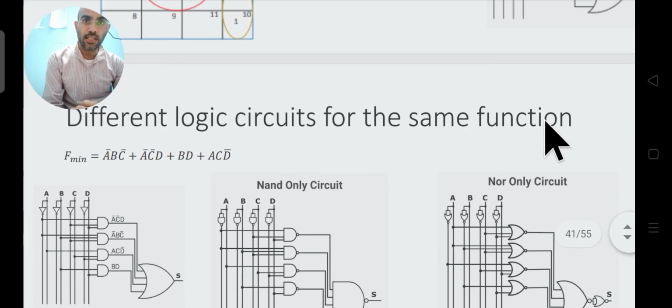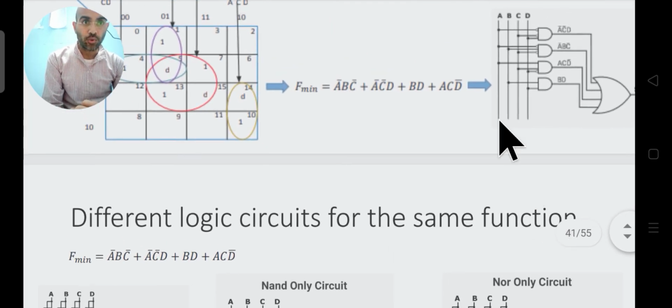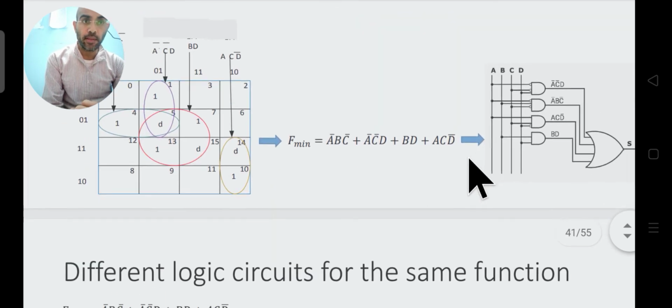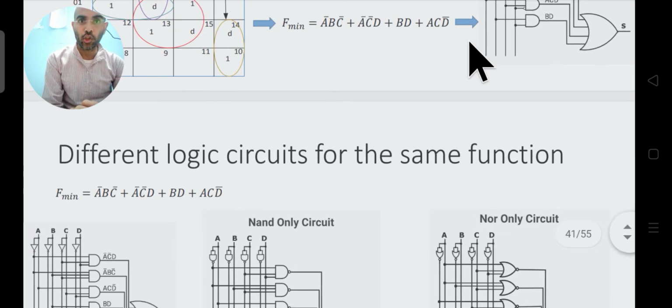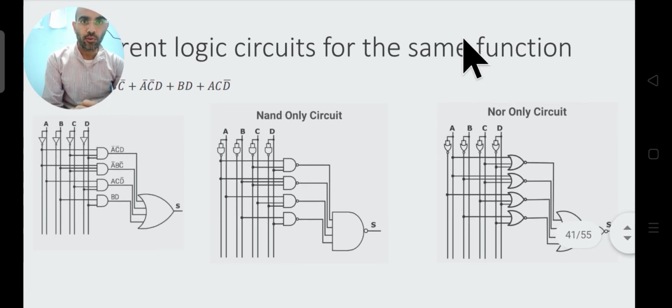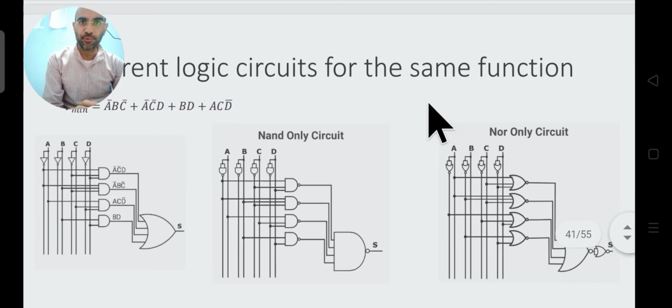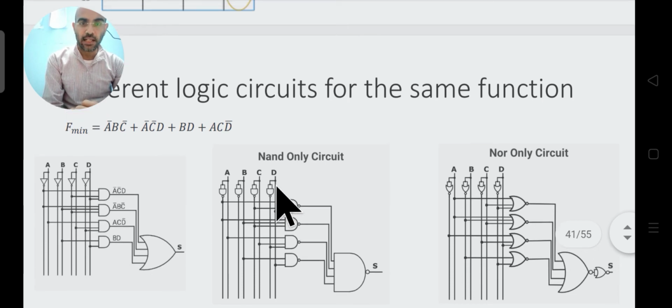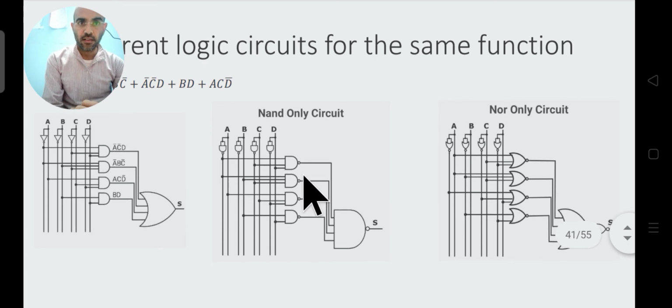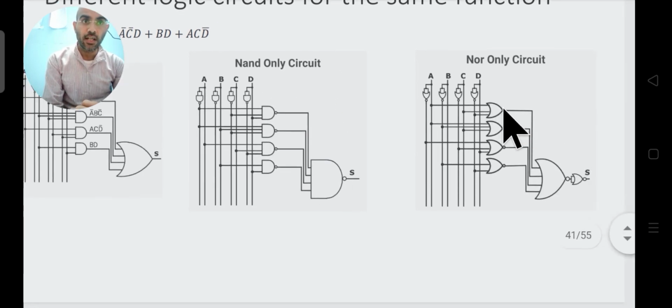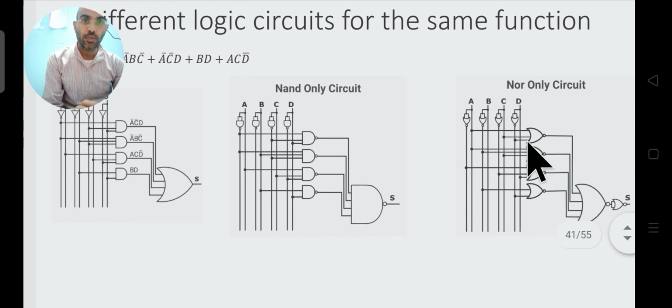Now convert the same logic. You try it out on your own, how to implement the same logic with NAND and NOR logic. Although I'll show it here, you can try on your own. This is the other way we can implement it, with a NAND-only circuit and also a NOR-only circuit, using the same logic.